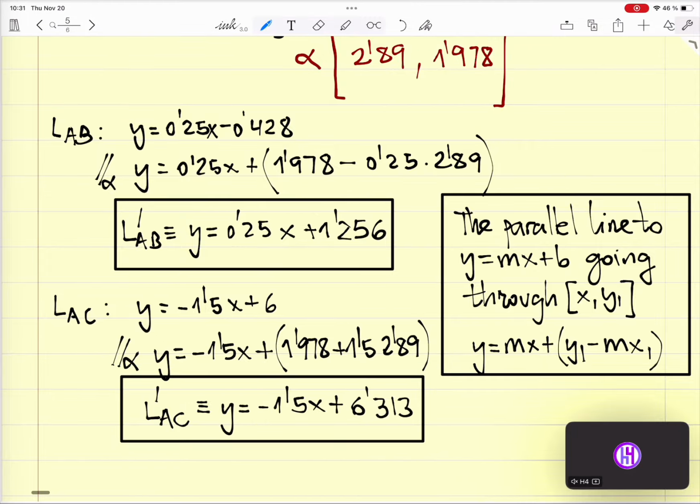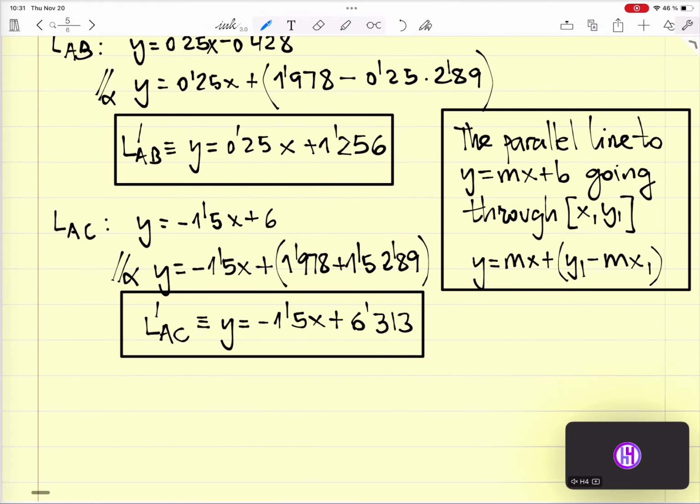We need to calculate the 3 separating lines. The separating line between B and C was y equal minus x plus 4.5.